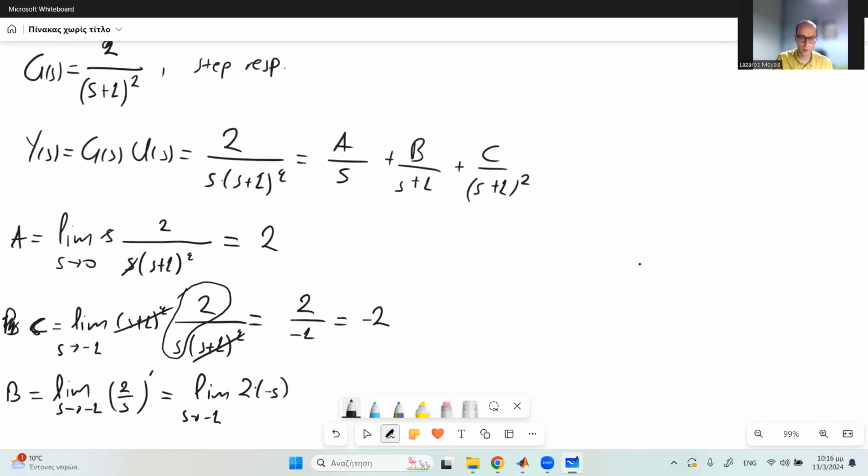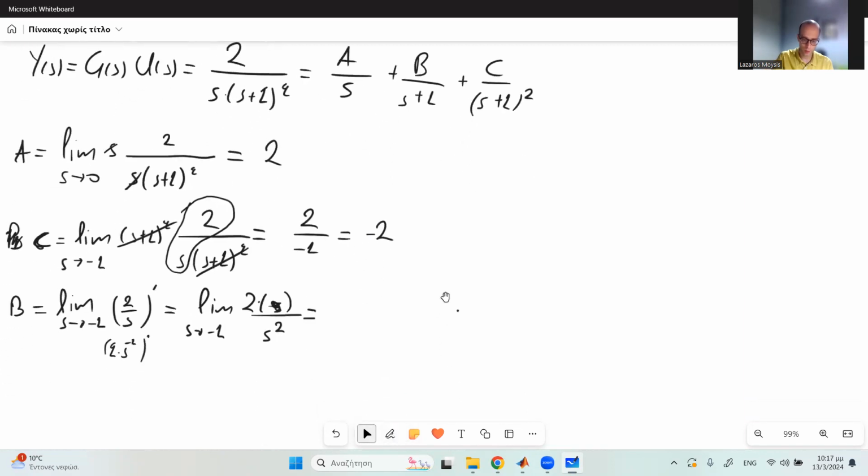Let's think about it a bit clearer. This is 2 multiplied by s to the minus 1. So the derivative is minus 1 multiplied by 1 over s squared, right?